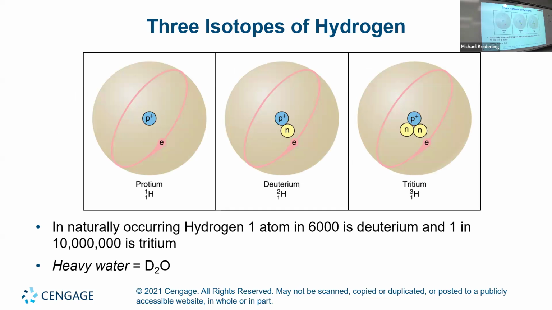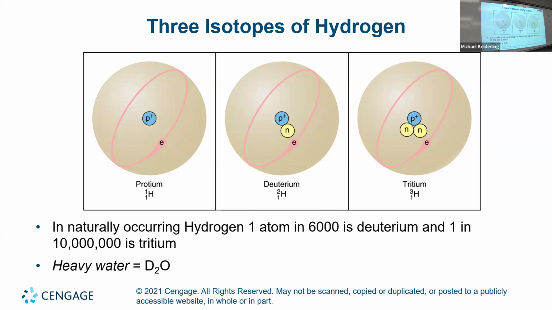For example, in naturally occurring hydrogen, 1 atom in 6,000 is deuterium, and 1 atom in 10 million is tritium. Deuterium is hydrogen-2, tritium is hydrogen-3. If you want to, you can concentrate the deuterium. There are reasons you might do this.